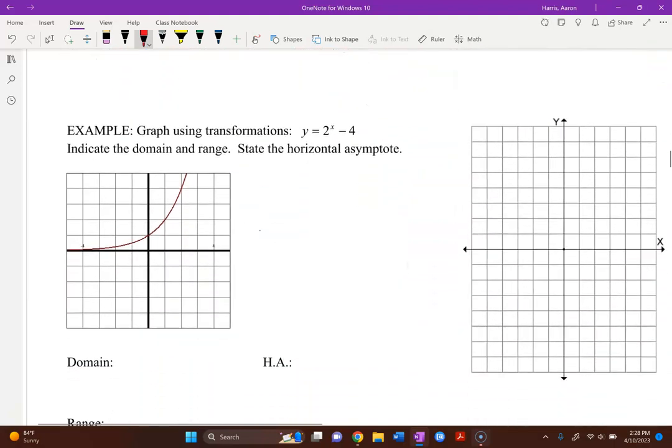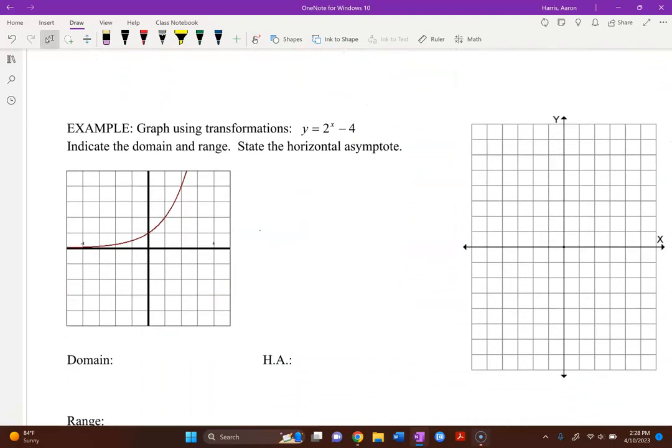Let's do these, and let's talk about transformations with this one. So I'm thinking about, here's my 2 to the x, right? So this looks a lot like 2 to the x, except that's a vertical shift down 4. So instead of having y equals 0, it'll shift that down 4.